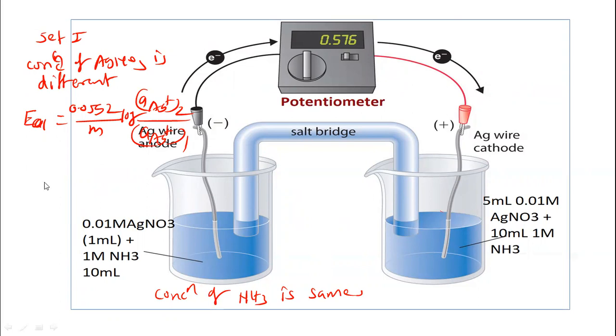By using this cell we can now measure the EMF. The potassium nitrate salt bridge can be dipped in the two beakers. By measuring the EMF of the cell, and knowing the activity of the silver ion in the second compartment and in the first, anodic compartment, we can determine the value of m.